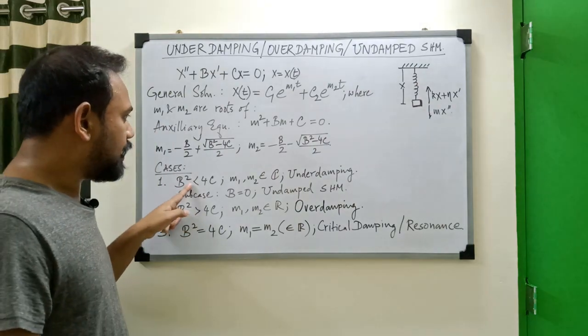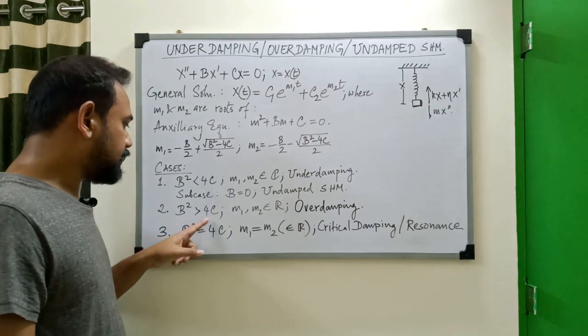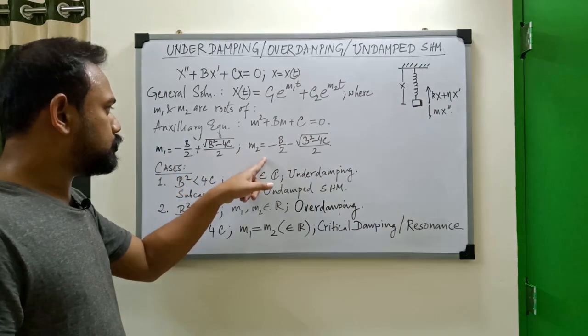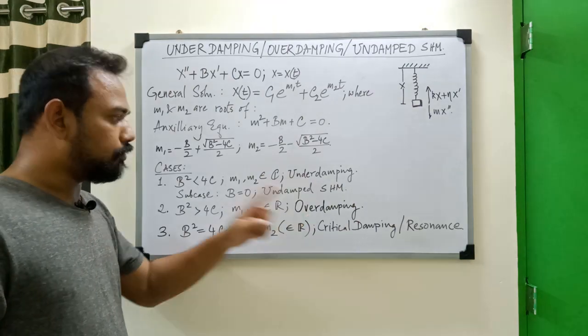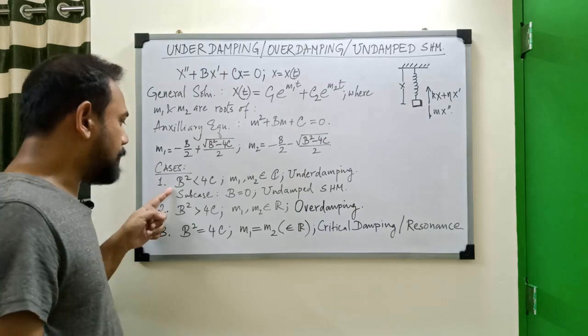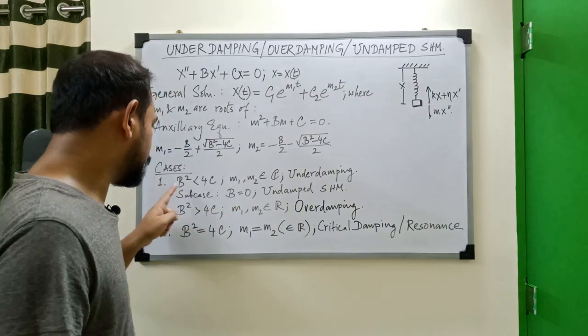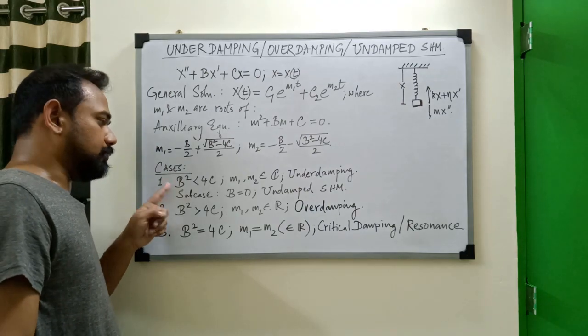That's the case of underdamping. The case where b square is greater than 4c, in other words m1 and m2 become totally real numbers, is the case of overdamping. And in the case of underdamping, there's a sub-case: b is less than 4c, and it can go all the way down to 0.